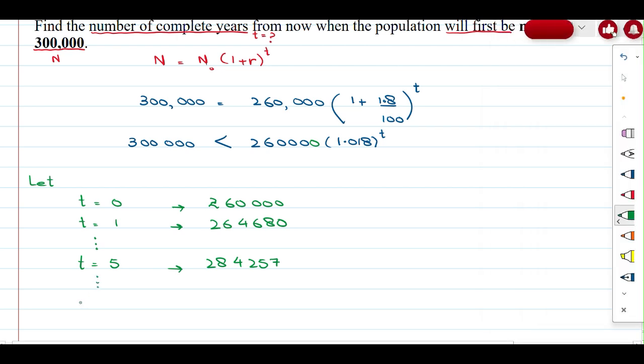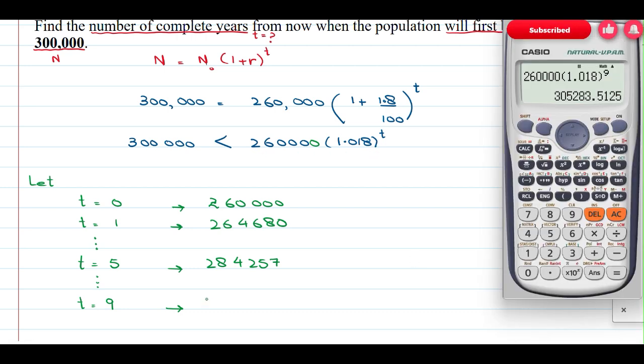So when t equals 9, this whole thing becomes 305,284 if I round it.